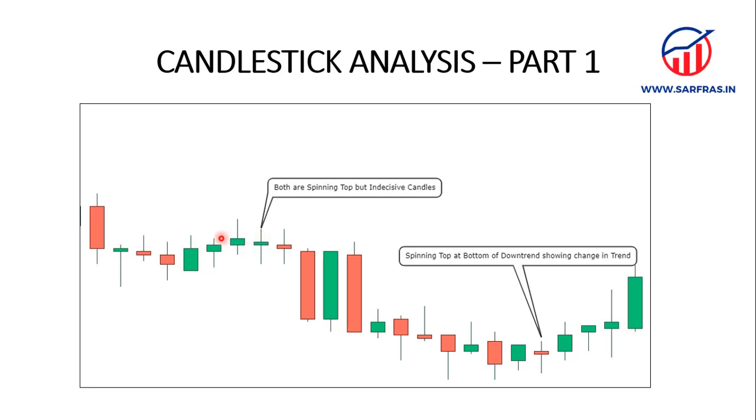These are indecisive, and it's not giving you any idea, but what you could understand is that the trend has weakened over here. You can see the big candles over here. So when you see a spinning top, you could very well be sure that the trend has weakened. Now it may gain momentum, or it may move in the opposite direction.